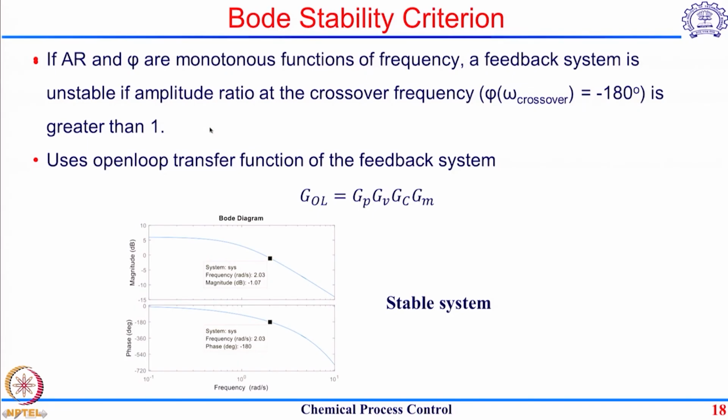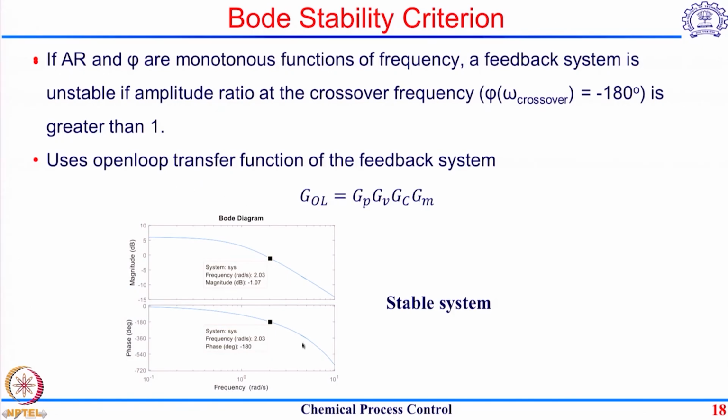So, that is the Bode stability criteria, and in order to compute that we need this GOL, which is GP, GV, GC and GM. It follows directly from the thought experiment that you compute the frequency at which phi is minus pi, and compute the corresponding amplitude ratio. If it is greater than 1, the system is unstable. If it is less than 1, it will be stable.